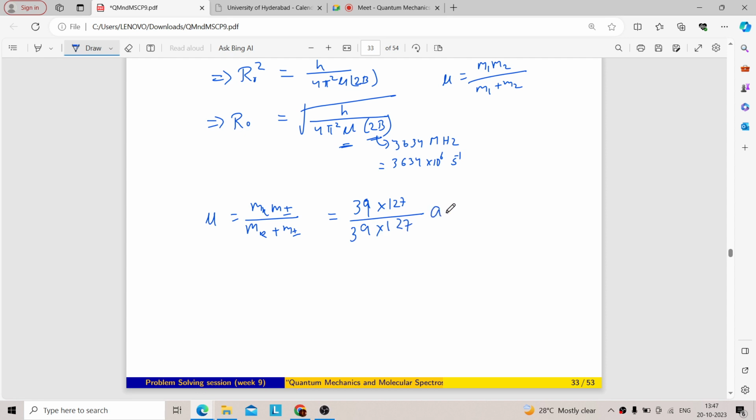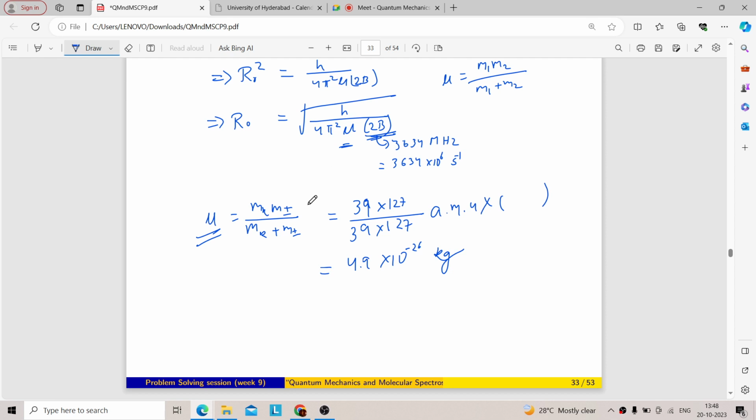This will be in terms of atomic mass unit. To convert this atomic mass unit to kg, we have to multiply some factors. If I convert it to kg, I will get 4.9 times 10 to the power minus 26 kg. Some new value we got. 2b we have already. h is Planck's constant, and then you have all the values.